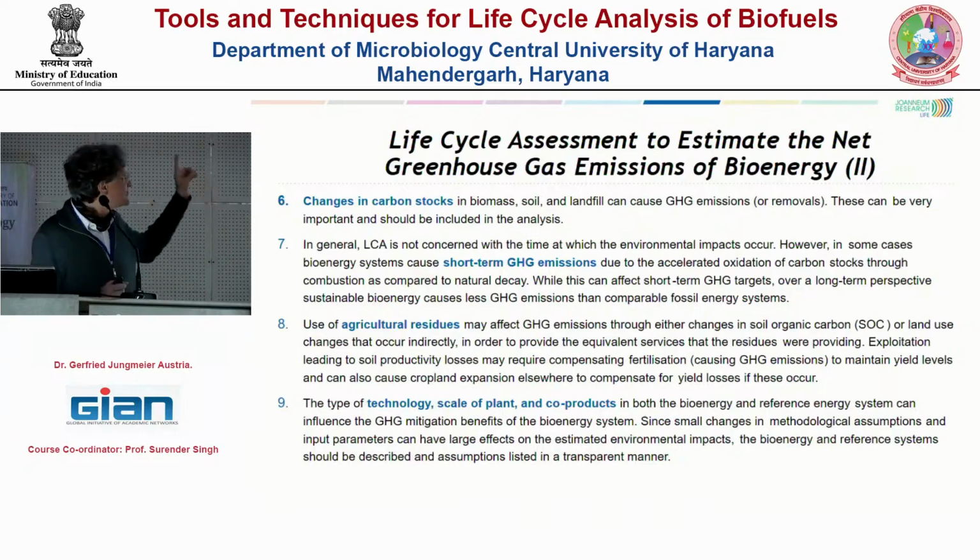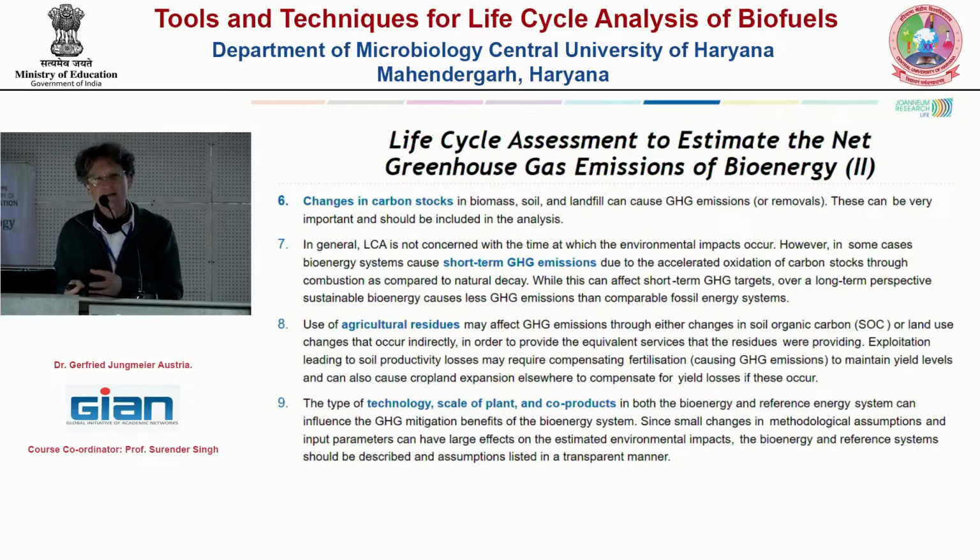Number 6 is relevant, the changing of carbon stocks, which is part of the inventory analysis, especially when you convert one land use to another land use to produce bioenergy carriers. Yeah? So if you convert grassland to agricultural land, you have a loss in carbon storage in the soil. Yeah? And even with your agricultural practices, it might be that you change the carbon content of the soil if you do a more intensive agriculture or a more extensive one.